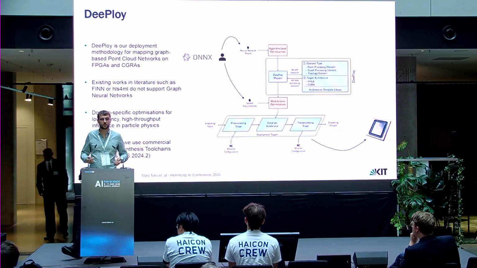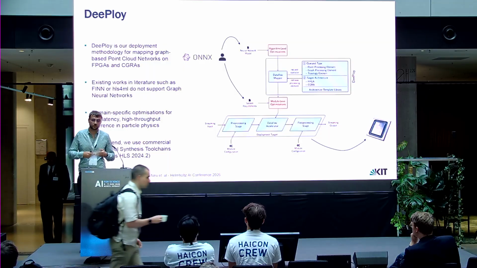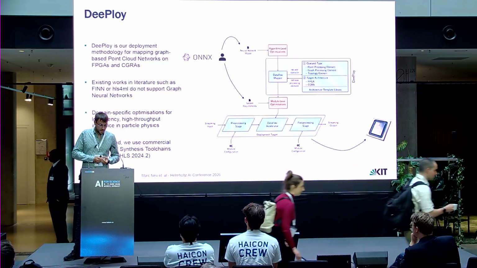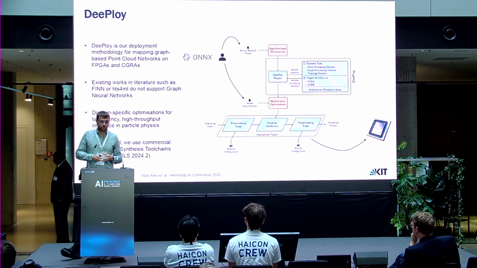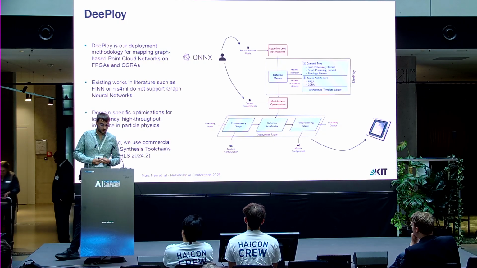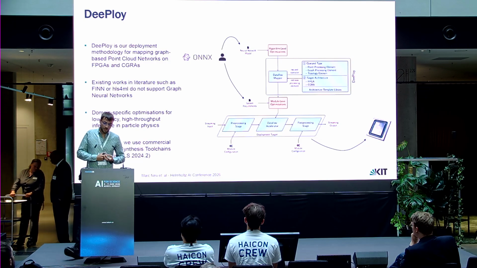We also have some for transformers, but so far there's not really support for graph neural networks or point cloud networks in general. What we give in our tool is basically domain-specific optimizations for low latency, high throughput inference in particle physics.